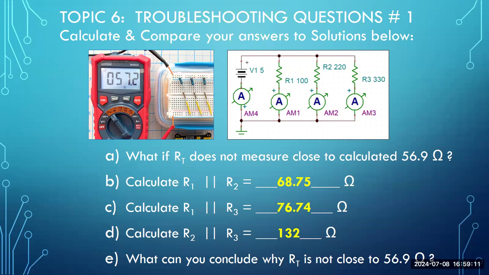You should be doing that right along with me. 5 divided by 76.74, and you hit enter, and you should have a current, some kind of milliamps. Okay, you might see a 10 power negative 3 on your calculator. If you see a 10 power negative 2 or 10 power negative 1, hit the engineering key, and it'll get you at least into engineering. So with any other kind of scientific calculator, it should show you some kind of number in milliamps, and 10 power negative 3.